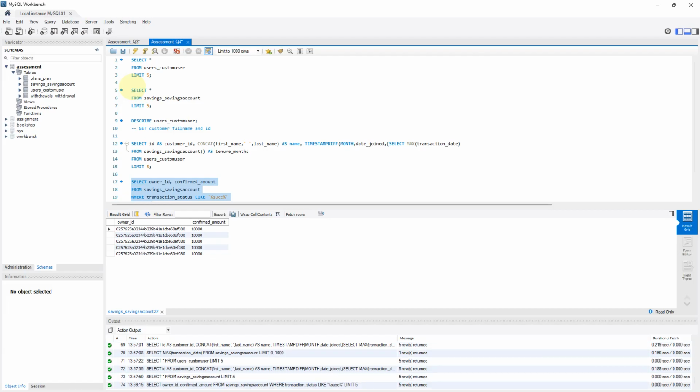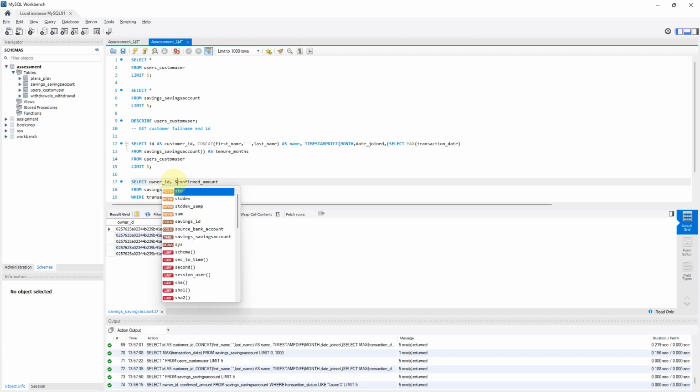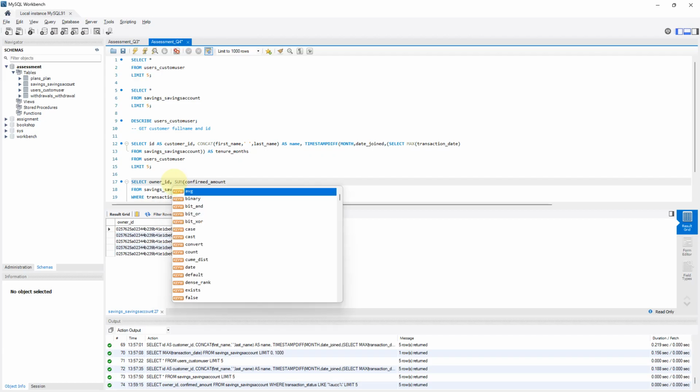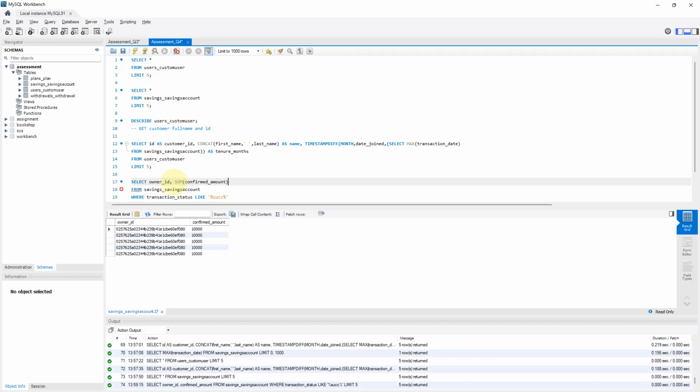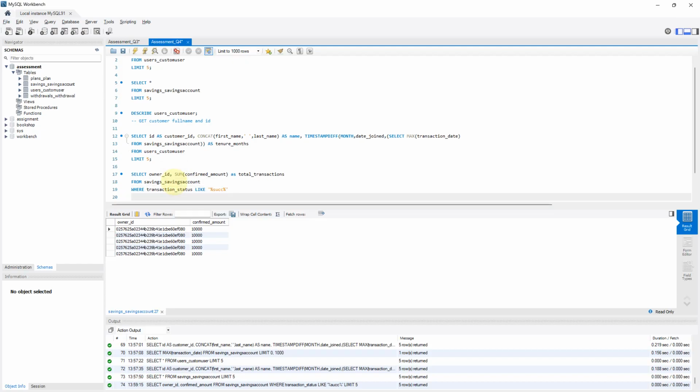The other thing is that we want to do a sum of it, a sum per client. We'll name it as total transaction. Then we'll do a group by owner ID.